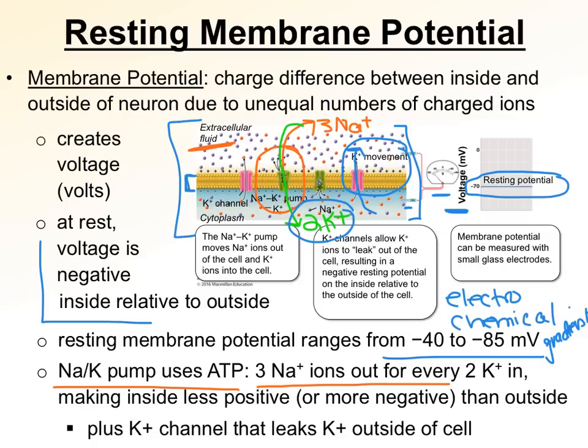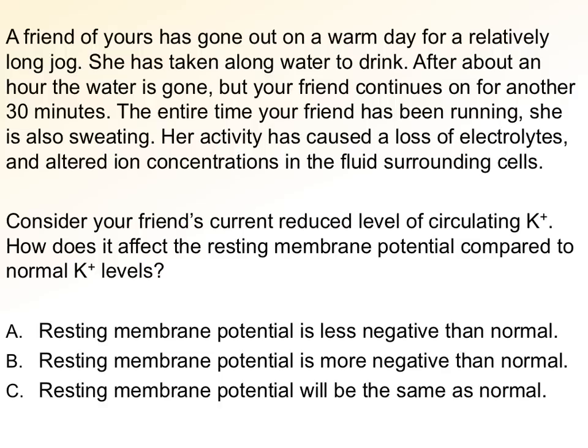So even though you're pumping in tons of potassium, all of the potassium can't rush out through that leaky channel because it won't work in terms of the charge distribution. It'll be repelled. So a little bit can leak out, but not all of it. And that's again because of the electrical component of this gradient, not just the chemical component. We'll look at this in class together.